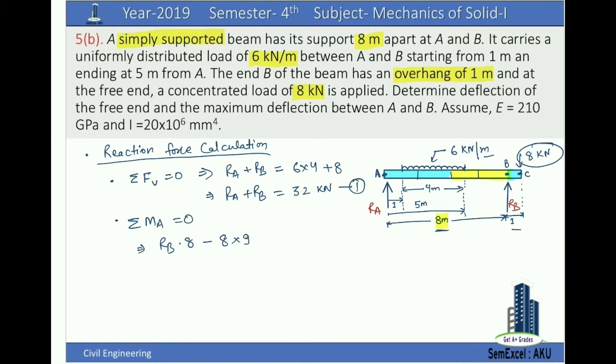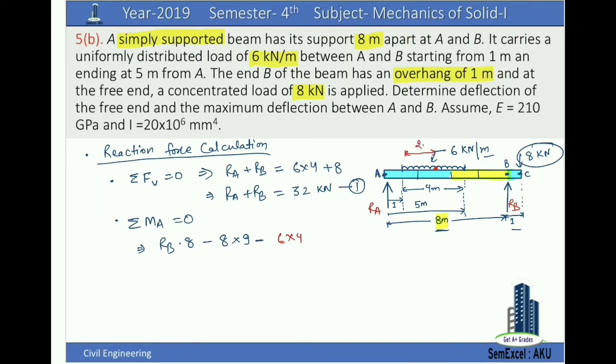Again we have to write the moment due to this UDL. Moment is equal to total load into the distance of the CG of the load. Here total load is equal to 6 into 4, and the distance of the CG of the load from point A: this is the CG. Total length is 4 meter, so this length will be equal to 2 meter.